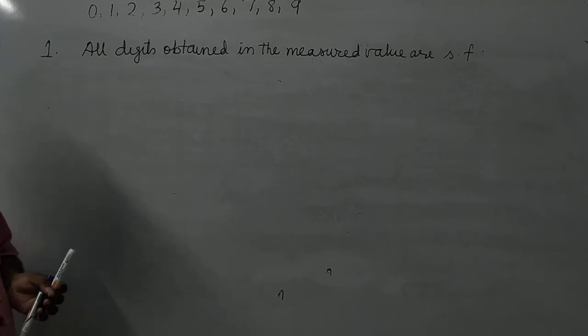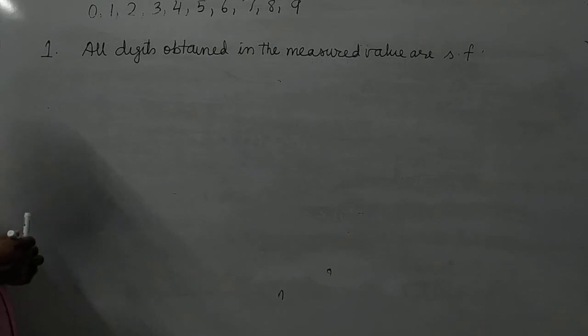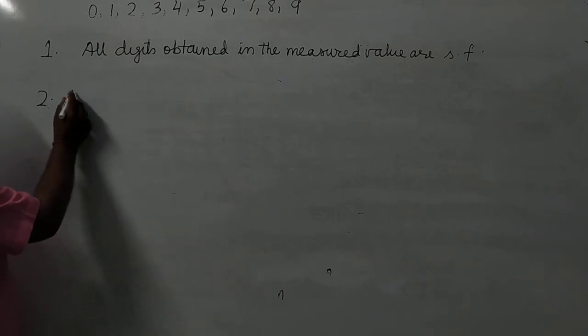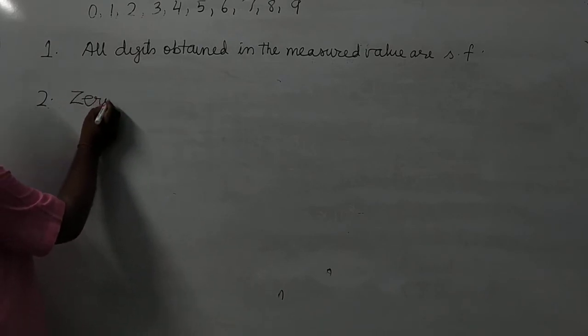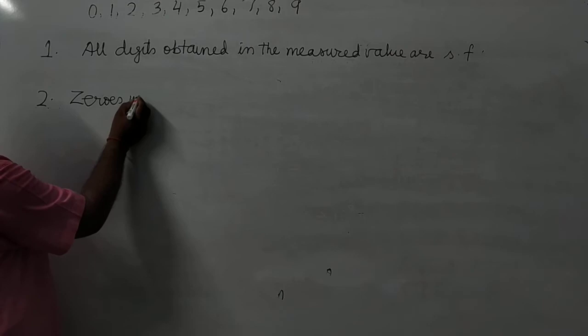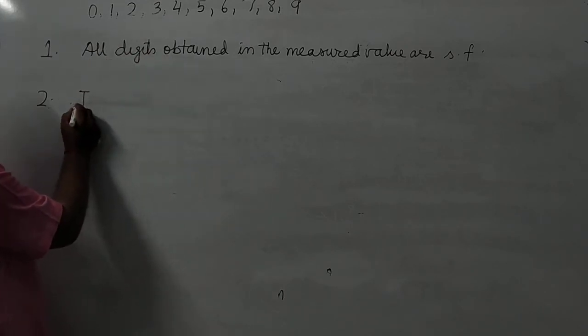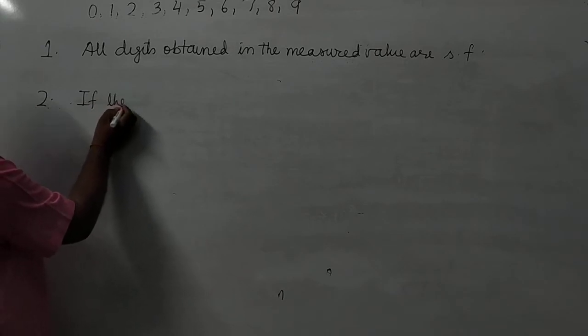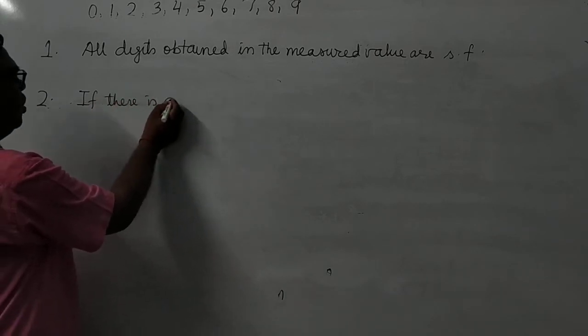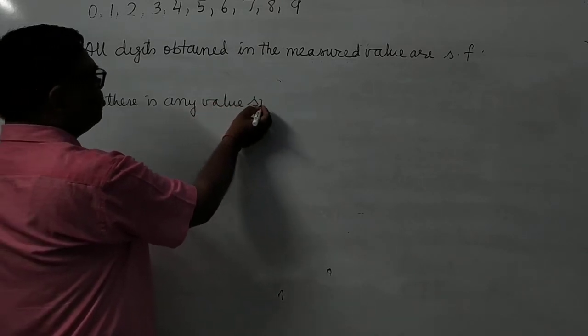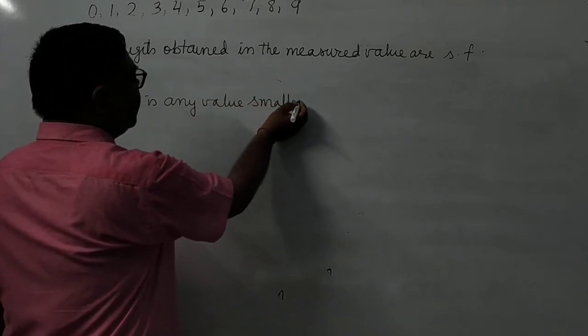But 0 is considered a non-significant digit in some cases. 0 is not taken as significant in some cases. So see here, the zeros which come just after the decimal in any value smaller than 1.